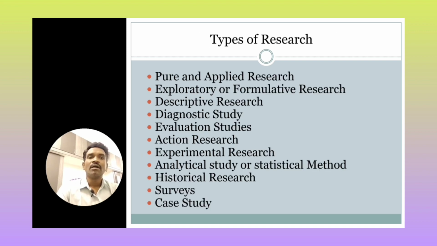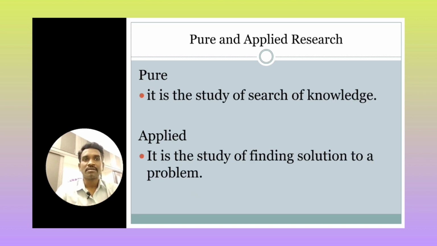Then the types of research are pure and applied research, explorative or formulative research, descriptive research, diagnostic research, evaluation studies, action research, experimental research, analytical study or statistical method, historical research, surveys and case study.